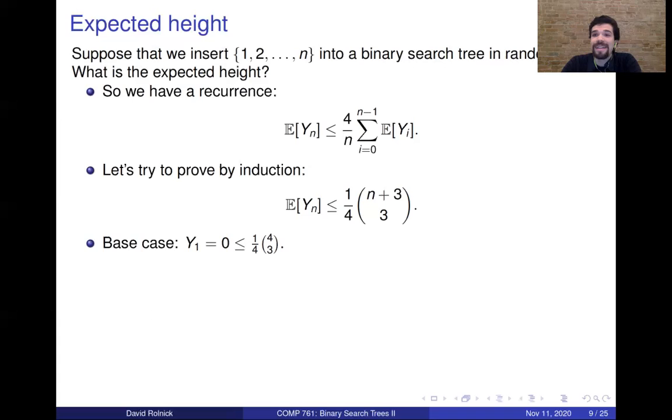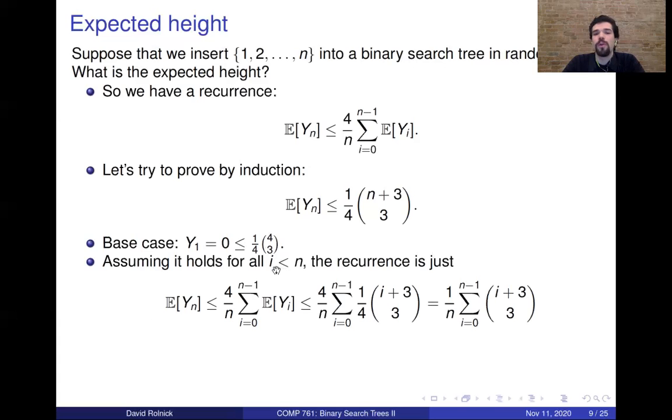You may be overthinking it. Assuming that we're trying to prove this thing, we just assume it's true and then go on. We're going to do what's sometimes called strong induction. We're just going to assume this is true for all i less than n. Instead of assuming it's true for n minus 1, we're going to assume that it's true for all i less than n. We've seen this a bit before.